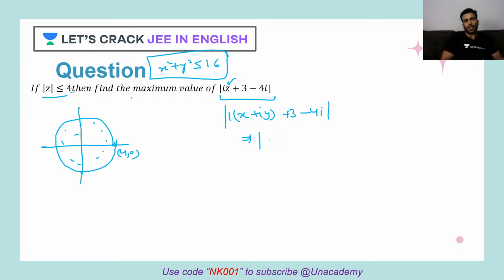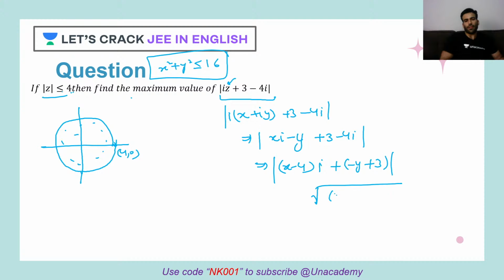This can be further written as iota x minus y plus 3 minus 4 iota. So this will be x minus 4 iota and minus y plus 3. If I take the mod, I'll have x minus 4 whole squared and y plus 3 whole squared. So it seems as if someone wants to calculate the distance of point x comma y. So what is the x comma y point?